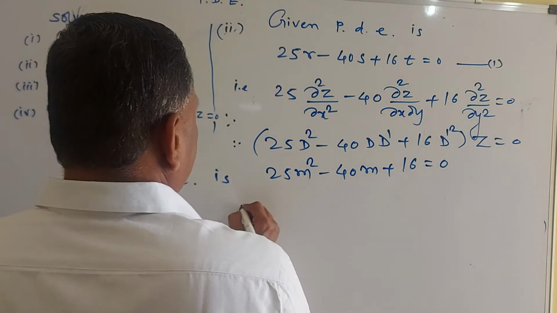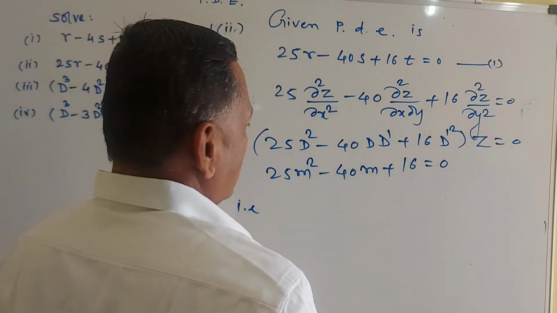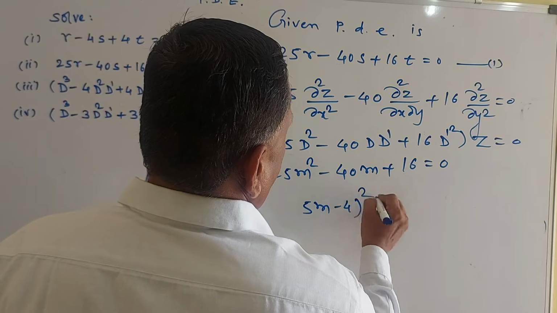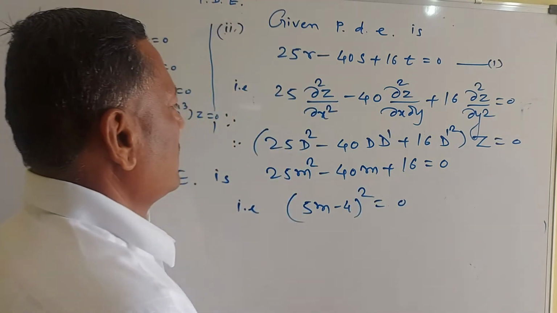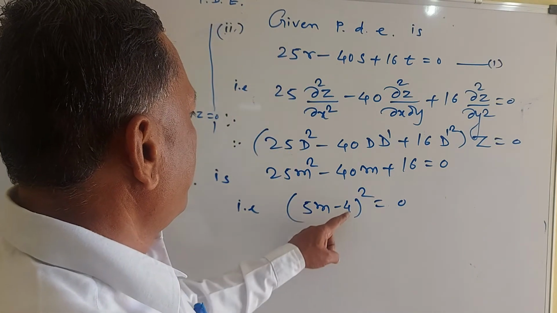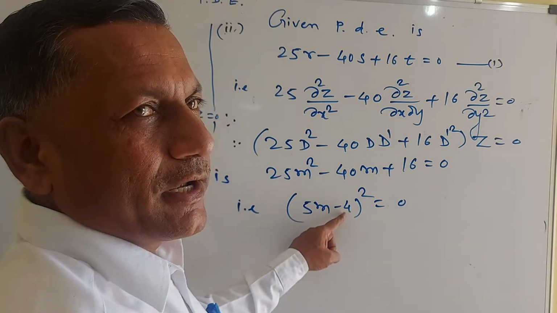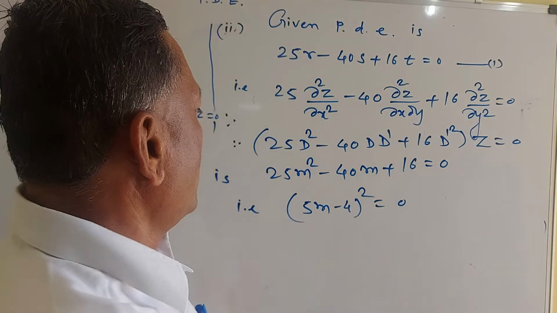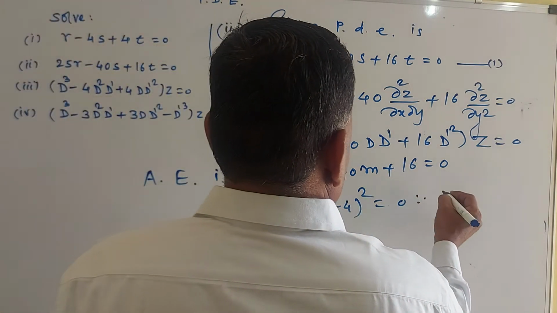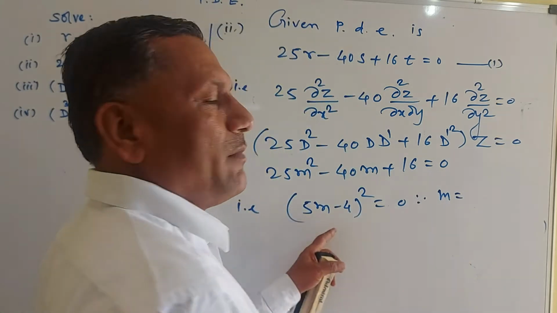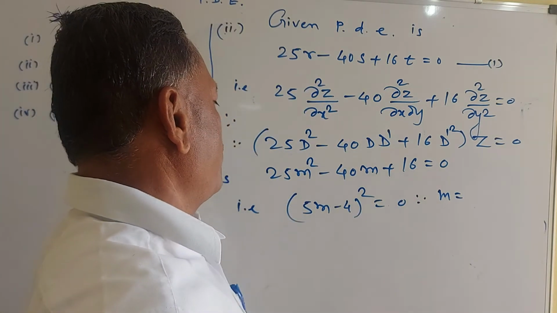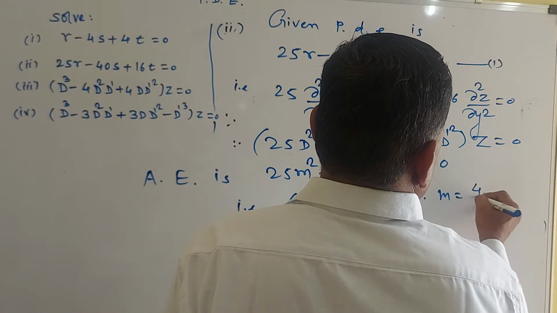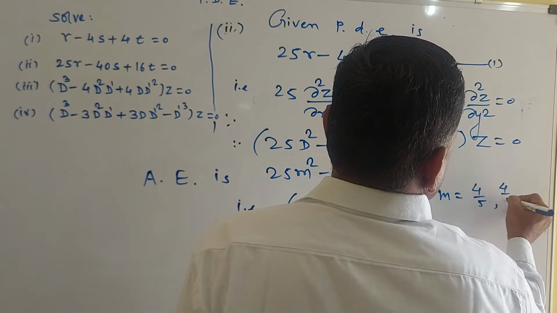Now you can find its roots, or this is the expansion of 5m minus 4 whole square is equal to 0, that is 25m square minus 2 into 5 into 4, which is 40, plus 4 square, which is 16. Therefore 5m minus 4 is equal to 0, 5m is equal to 4, m is equal to 4 by 5, two times.